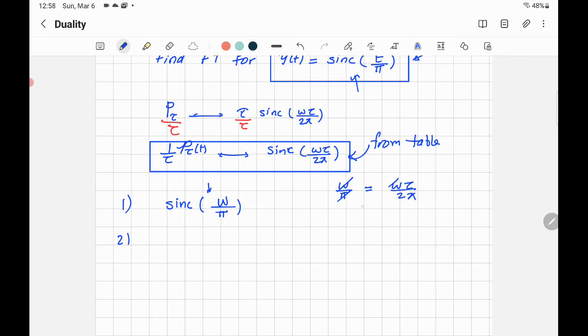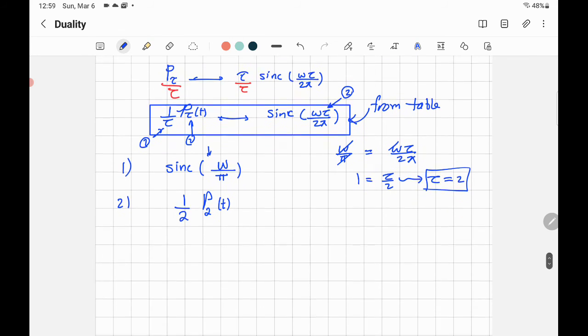Omega is omega, so 1 equals tau over 2, so tau is equal to 2. So the inverse of this one is the same as this one when tau is equal to 2. So just to write the inverse is equal to 1 over tau, which is 1 over 2, times the rectangular pulse of width 2. That's the inverse. All right.